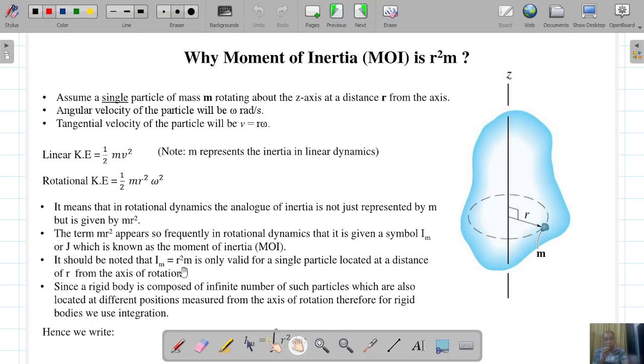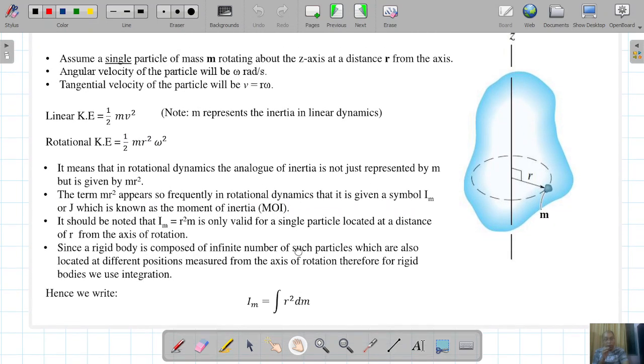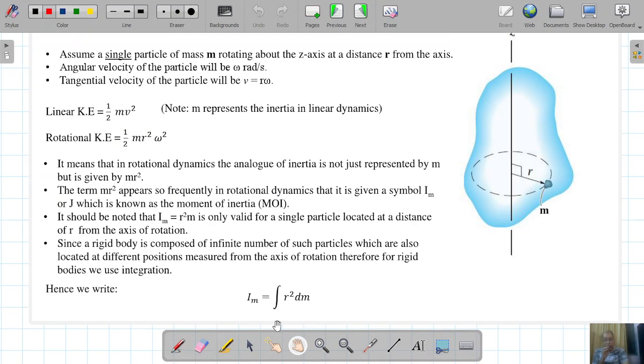Writing r square m is only valid for a single particle. But for a whole body, with an infinite number of such particles at different points, we apply the concept of integration. So for rigid bodies we write Im equals the integral of r square dm.